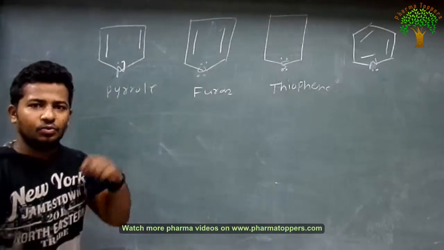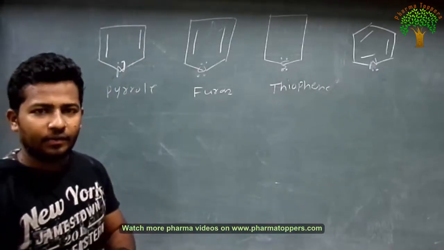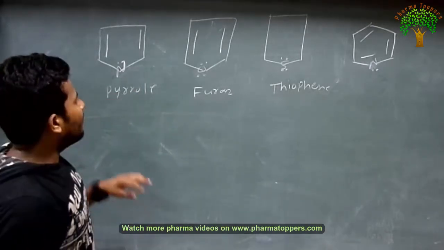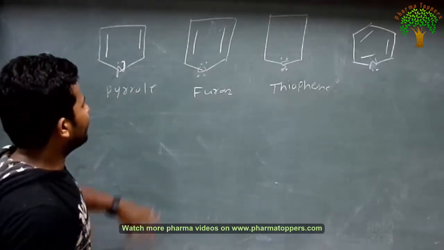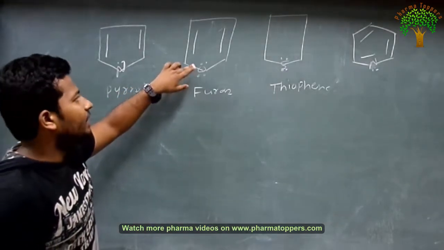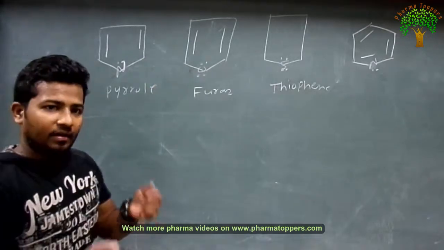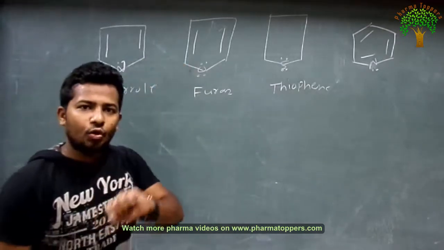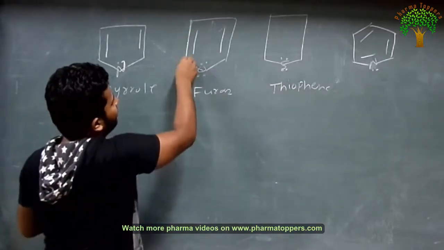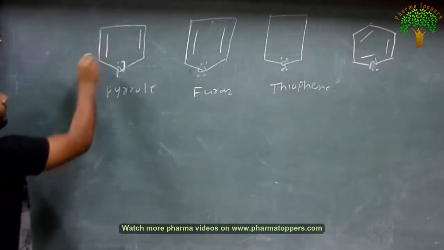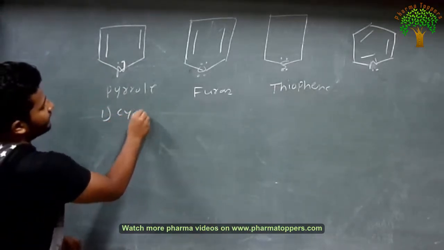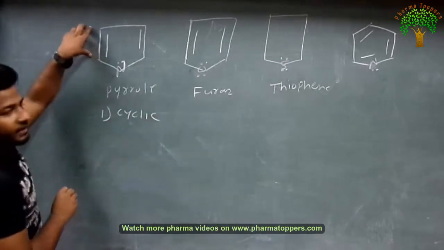Previously, we saw the rules of aromaticity. There are 4 rules, in which the second rule is the presence of conjugation. But in some cases, there is the presence of a lone pair of electrons in heterocyclic structures. In that case, the lone pair electrons also obey that rule. Suppose we take an example of pyrrole. There are 4 rules. First one is the cyclic structure. Yes, it is cyclic.